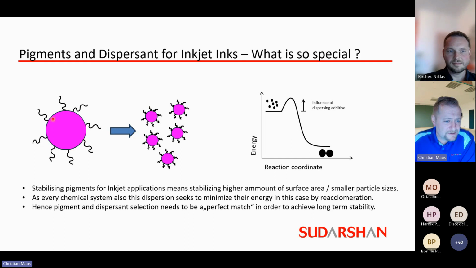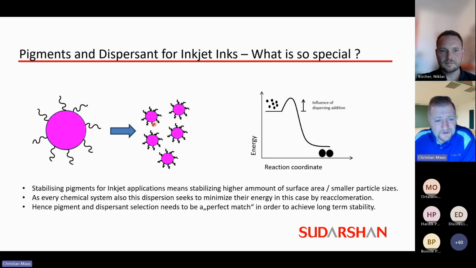That's displayed here as a comparison to a big particle. And then obviously you have increased the surface area of the pigment, and with the surface area, you have also increased the surface energy. What a chemical system always wants is to minimize its energy. So the normal tendency of such stabilized pigments would be to re-aggregate and re-agglomerate to bigger particles like this.